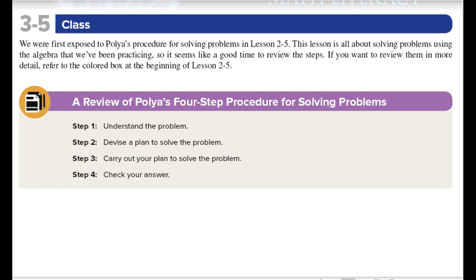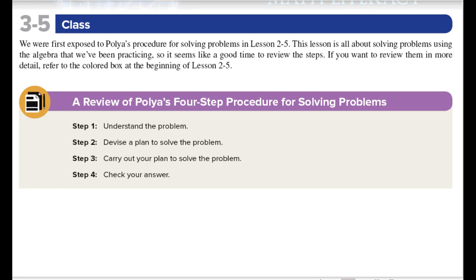It's really too bad that we're having to work from home because this is really a good lesson for group work. It's really good to bounce ideas off of people. So if you can find someone in your home that you're quarantined with and discuss some of the problems with them, see if they can give you some ideas, that would be good. But if you can't, at least think about them.